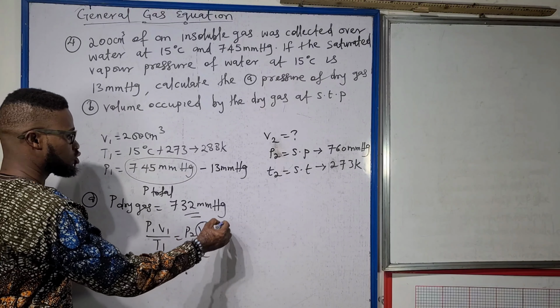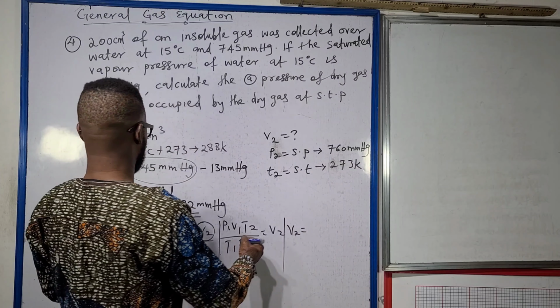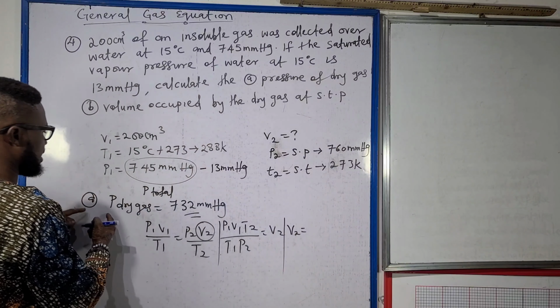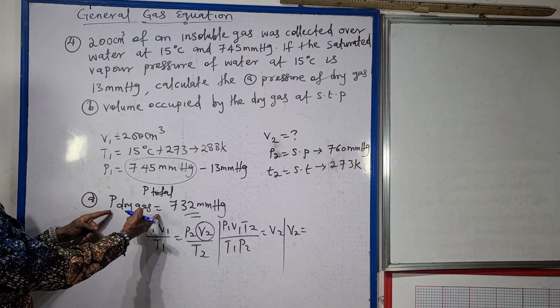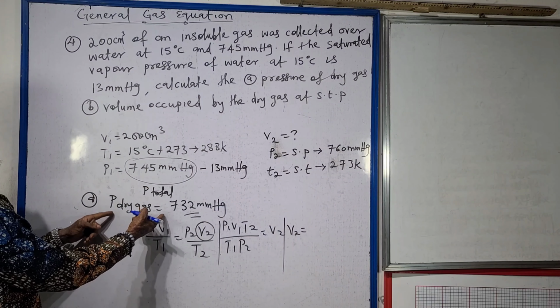So what this means is V2 equals, what is P1? P1 is 732. P1 now, this is my dry gas. This is what my P1 is going to look like. 732 times V1. V1 is 200 times T2.